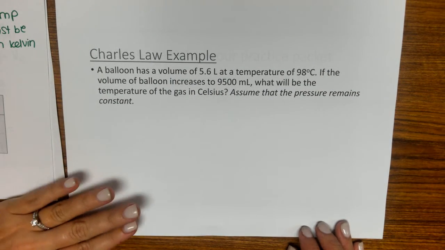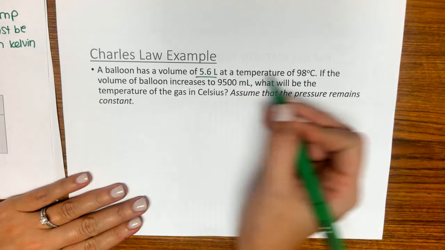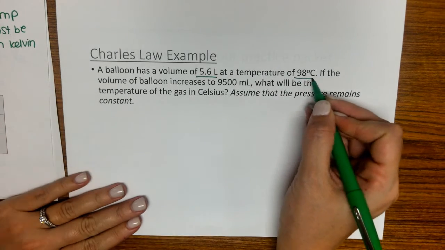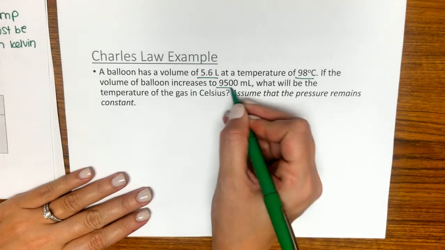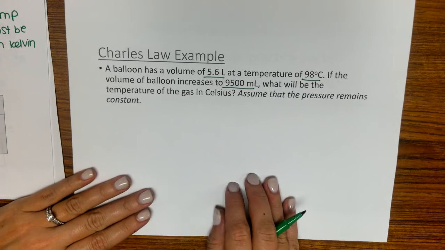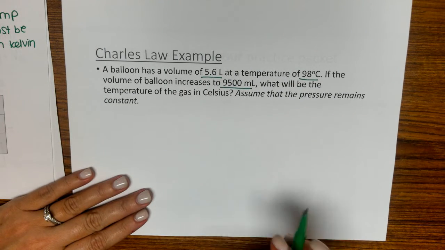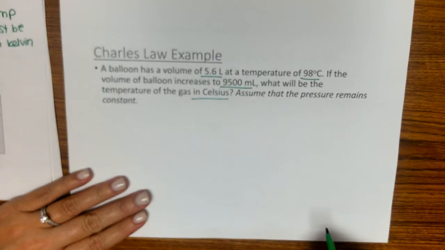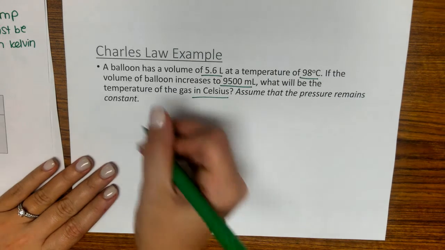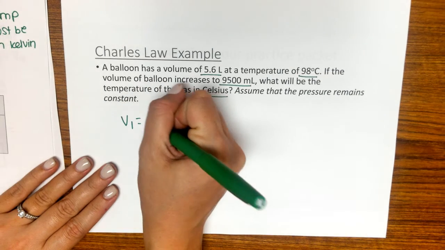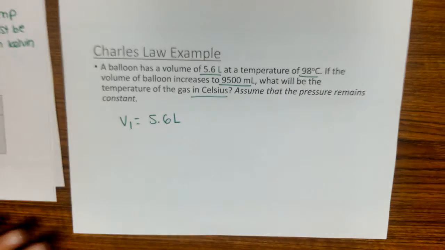A balloon has a volume of 5.6 liters at a temperature of 98 degrees Celsius. If the volume of the balloon increases to 9,500 milliliters, what will be the temperature of the gas in Celsius? And we're going to assume pressure remains constant. So let's list our variables. My V1 equals 5.6 liters.